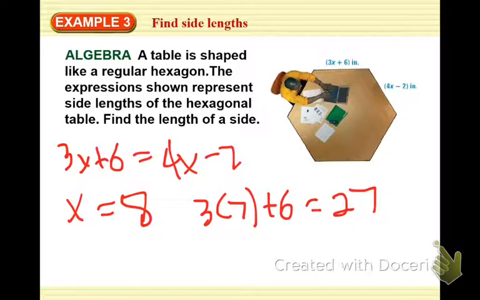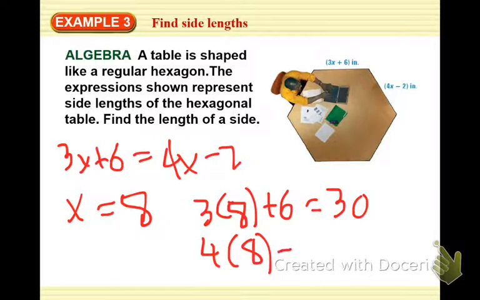We add 2 to both sides. 6 plus 2 is 8, so it should have been 8. So 3 times 8 is 24 plus 6. That's going to be 30. And 4 times 8 is 32, minus 2 is 30. All right. So that's our check. We plug into both. If they're both the same, we know we've done it right. It's 30.